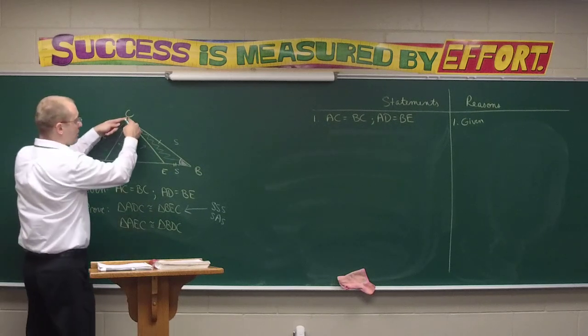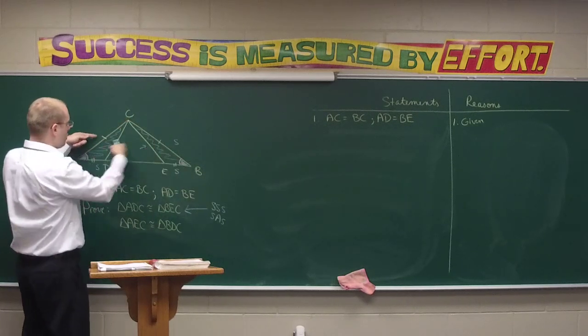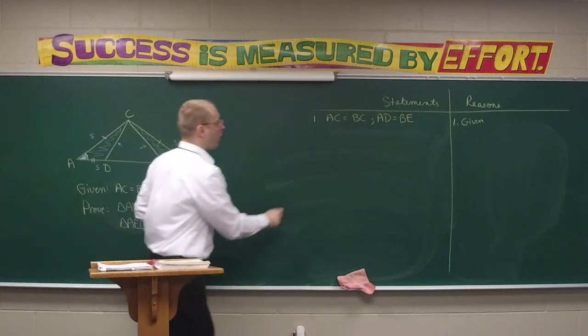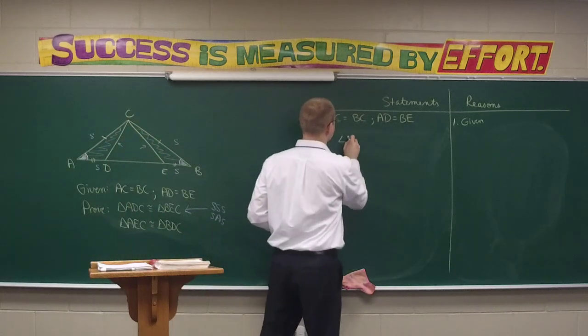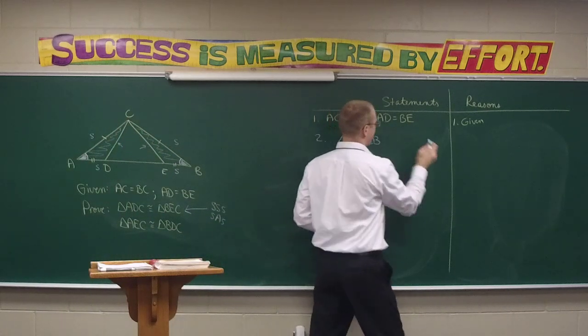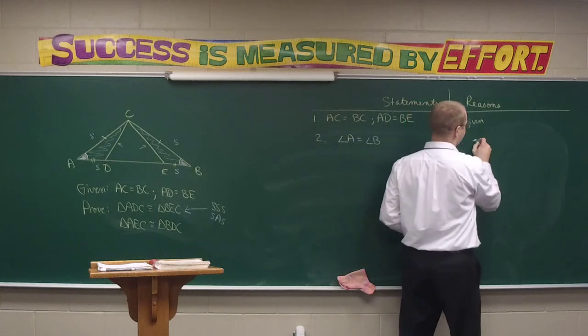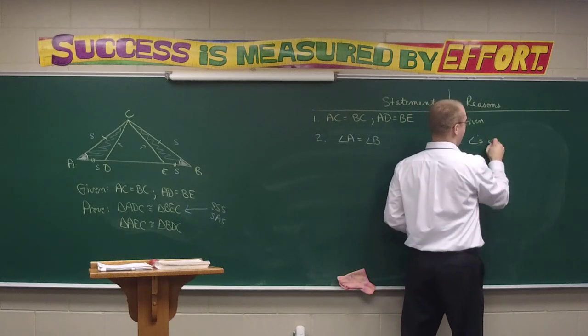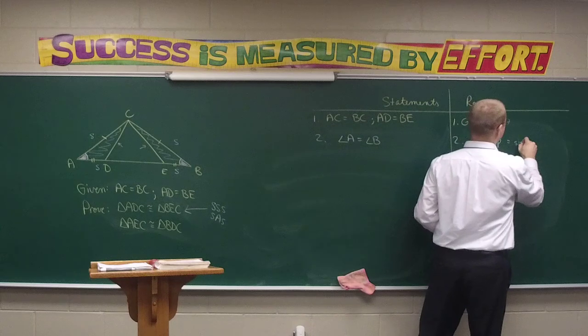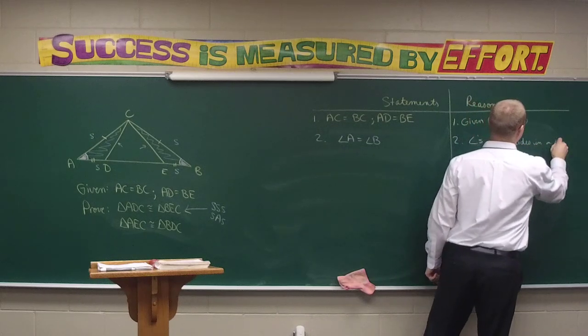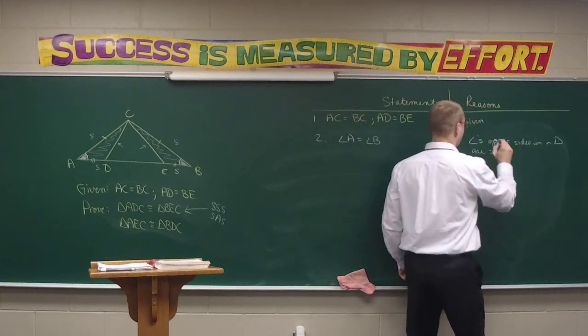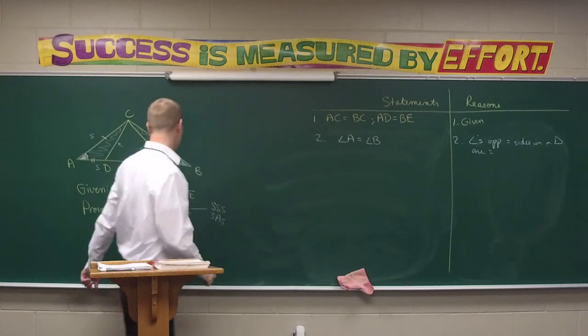And if I've got 2 equal sides, I've got 2 equal opposite angles. And hopefully, number 2, you said that angle A was equal to angle B because angles opposite equal sides in a triangle are equal.